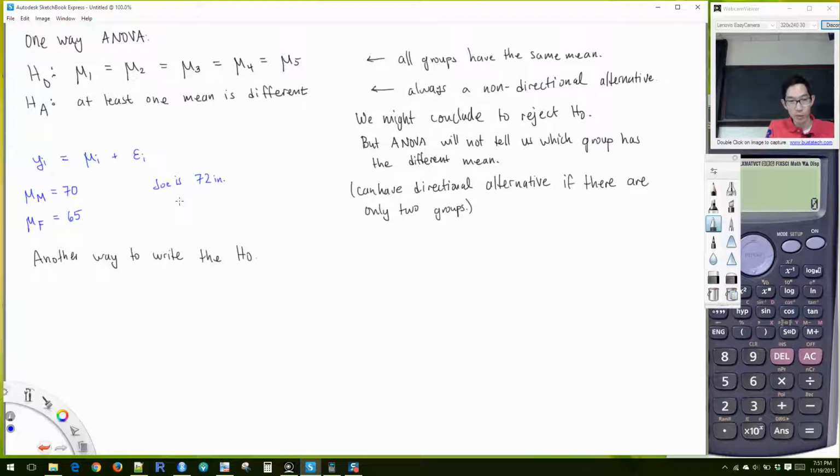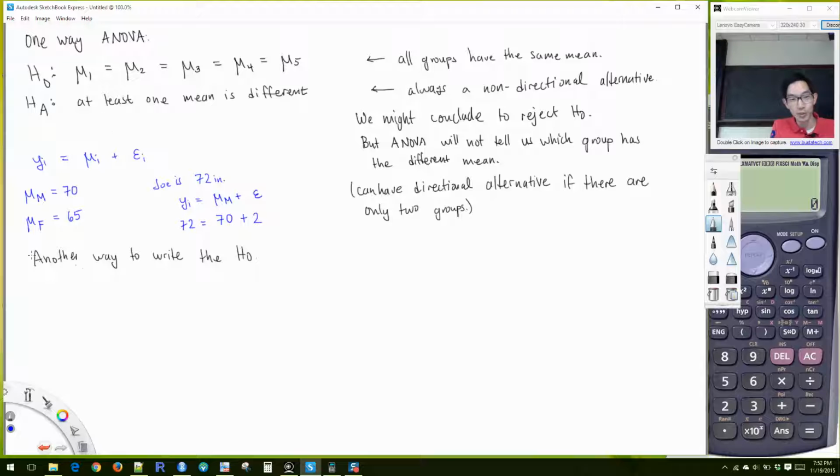So his observation y sub i is equal to, in this case, 72 is equal to 70 plus an individual difference of 2 inches. Is this okay? So this is the expression under here.